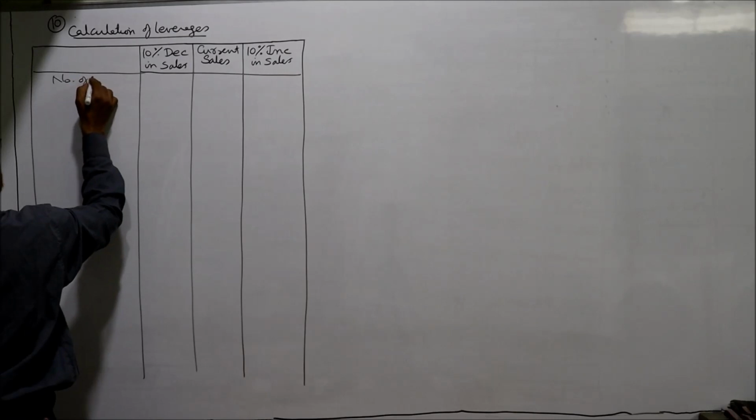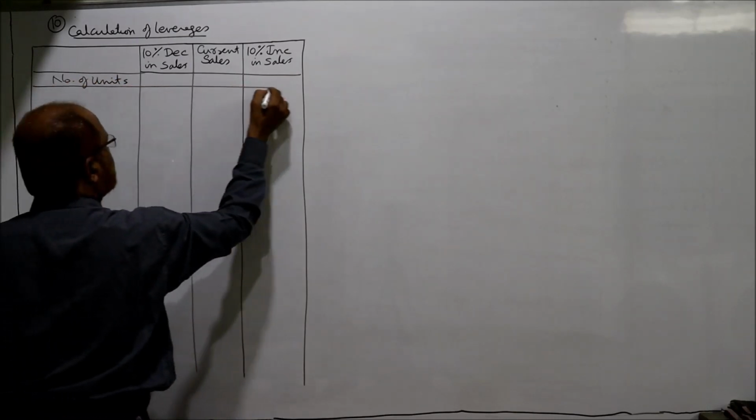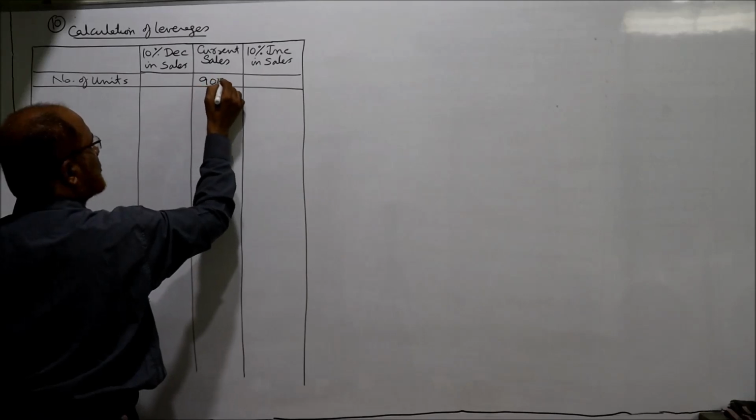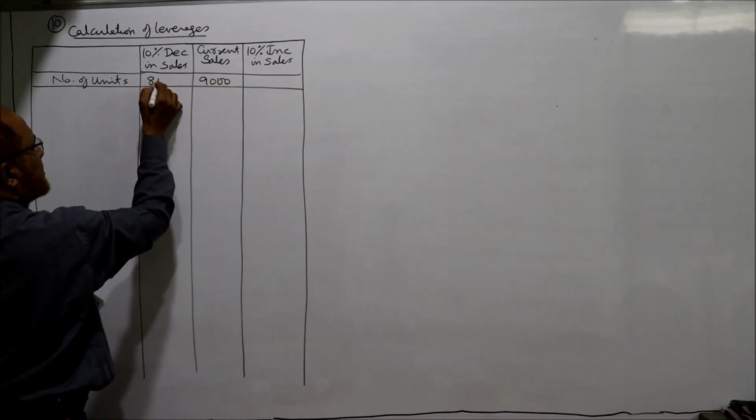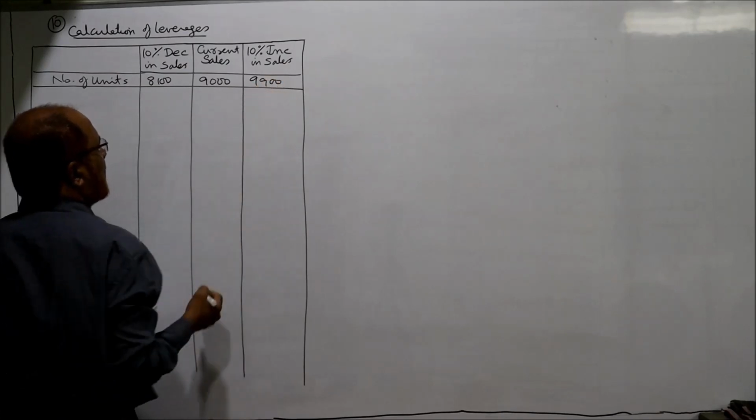Number of units. Presently it is 9,000 units. 10% decrease means 8,100. 10% increase 9,900.